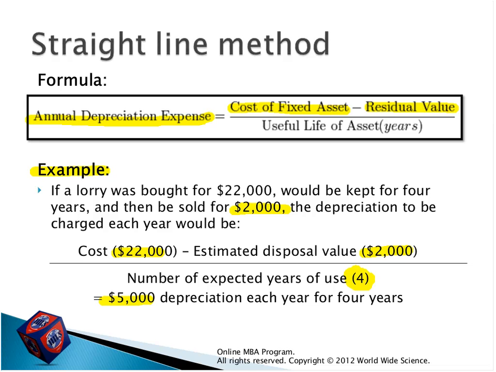So let's move. In the balance sheet, we also have to show the depreciation cost. In the balance sheet, you have to show separately the original cost of the assets and the accumulated depreciation cost of all the assets.